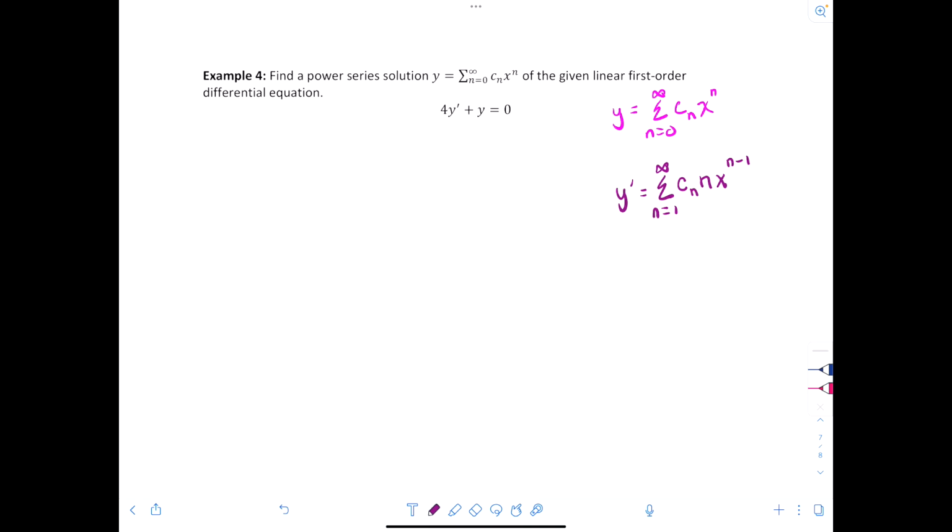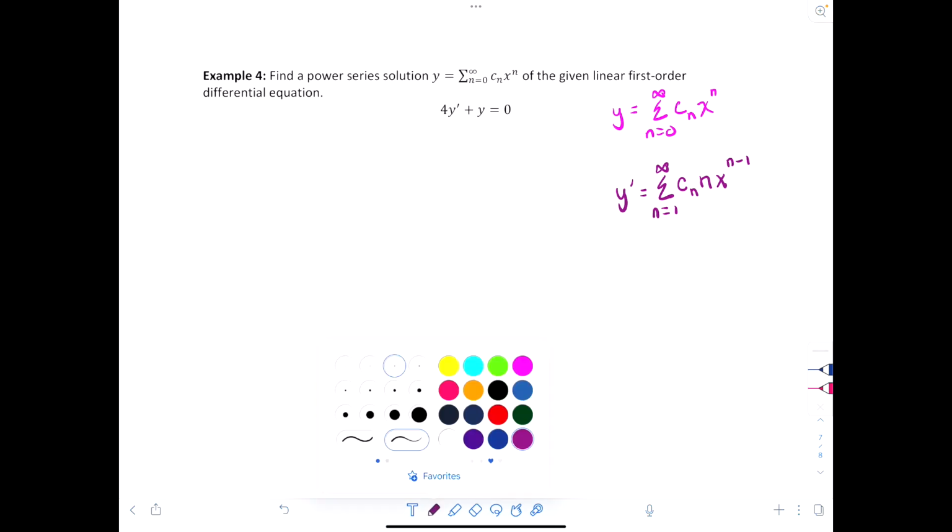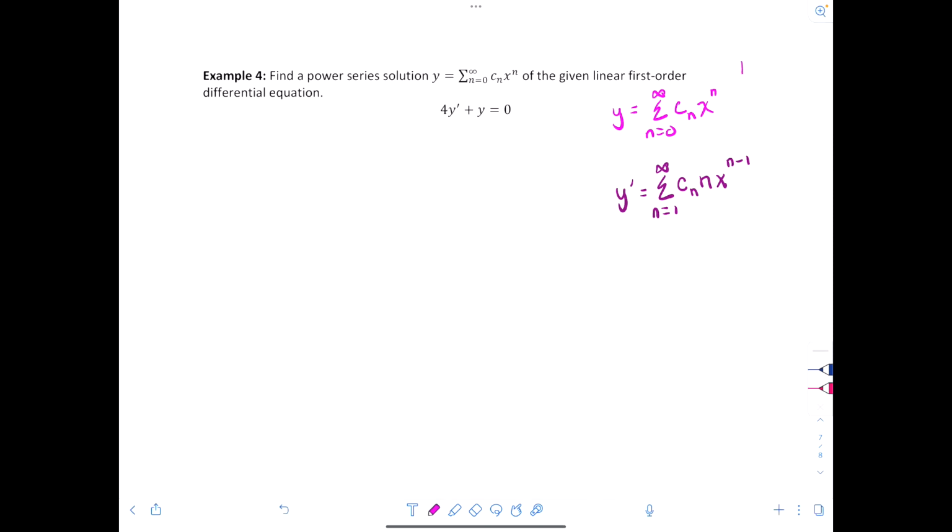Cool so far? So let's take a look at when I plug in 0 into y, I get c sub 0 times x to the 0. When I plug in n equals 1 for y prime, I get c1 times 1 times x to the 0. So for the first one, we're just going to let k equal to n.